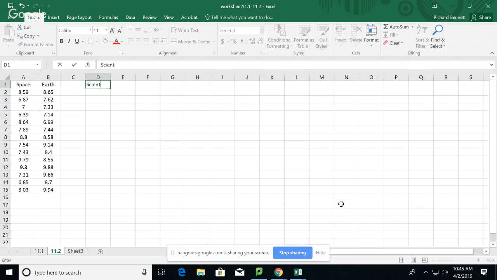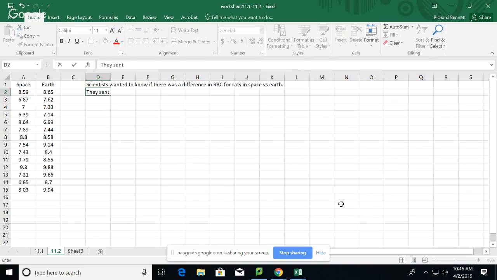Scientists wanted to know if there was a difference in the red blood cell counts for rats in space versus Earth.